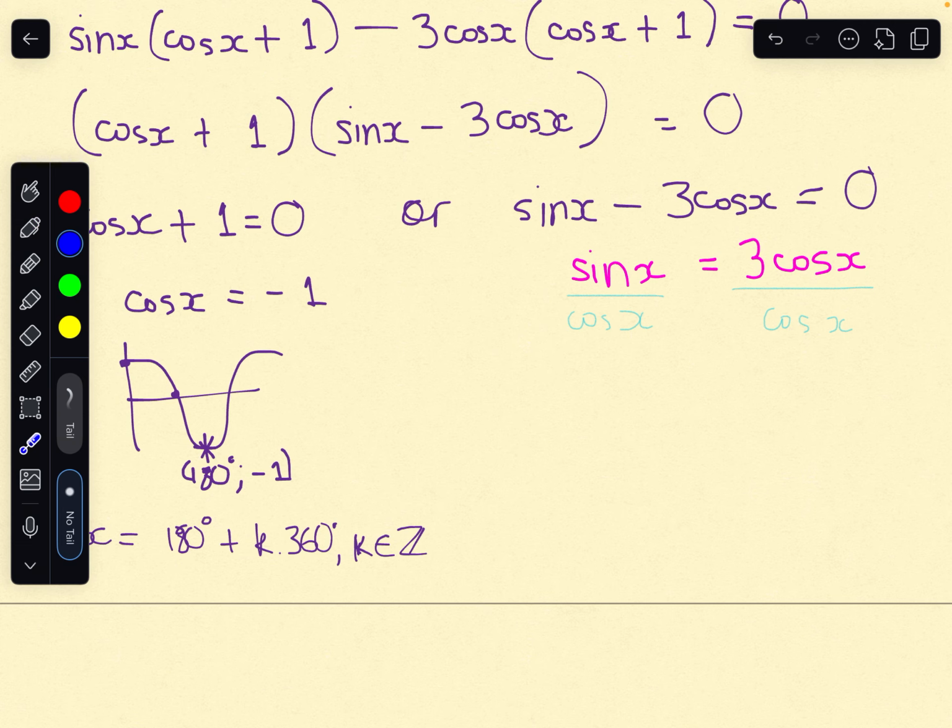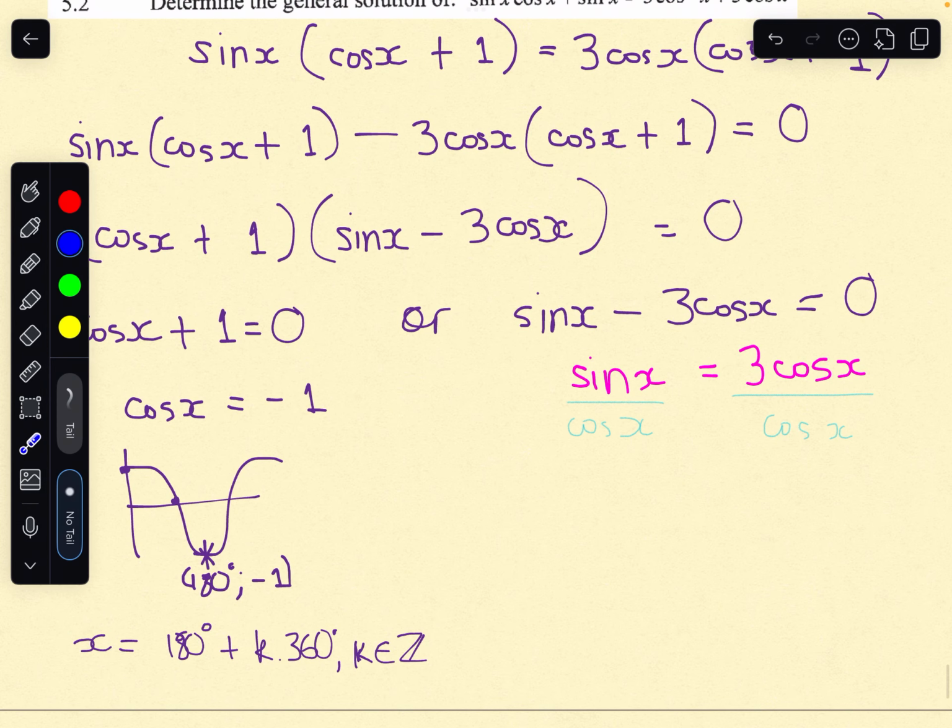Avoid getting rid of the expression completely, right? Which is what would have happened over here if we divided by cos x plus 1 on both sides and then poof, this factor was just going to disappear. Now we're just going to be left with sin x is equal to 3 cos x, which would be this bit of the solution, and it would completely omit this solution, right?